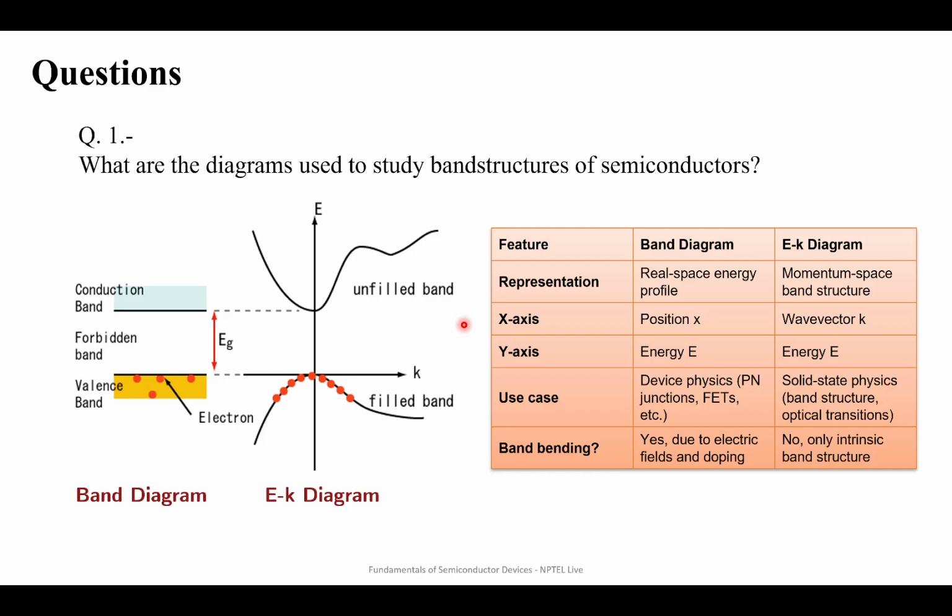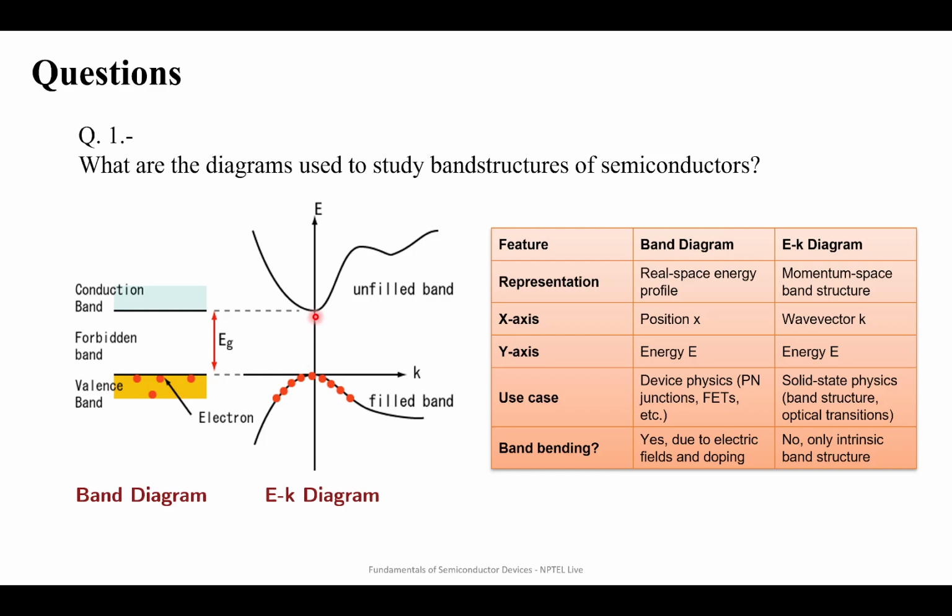And the band diagram that we use is in the real space. So this is the x value, literally the dimensions of our semiconductor. From point A to point B, it's the length of the semiconductor, and the value that we consider here is the band gap of the material that we find from the E-k diagram.